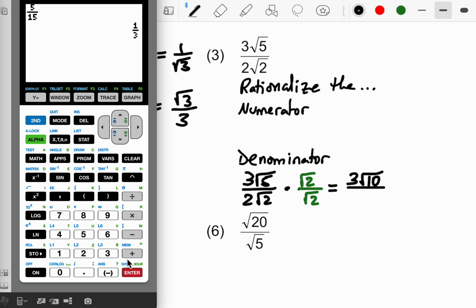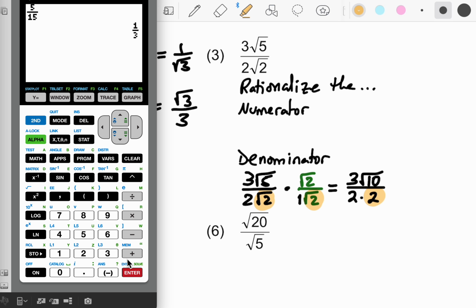It's a product of prime numbers, and none of those prime numbers are perfect squares, so that's the end of that. On the bottom, same deal. I'm going to multiply the 2 by the understood coefficient of 1 here and get a 2. But now this radical 2 times the radical 2 will give me just a plain old 2.